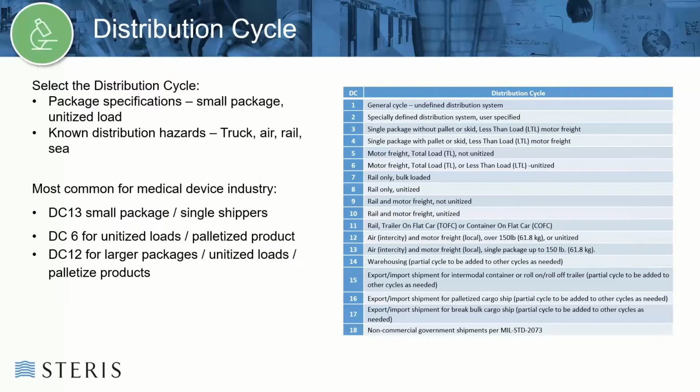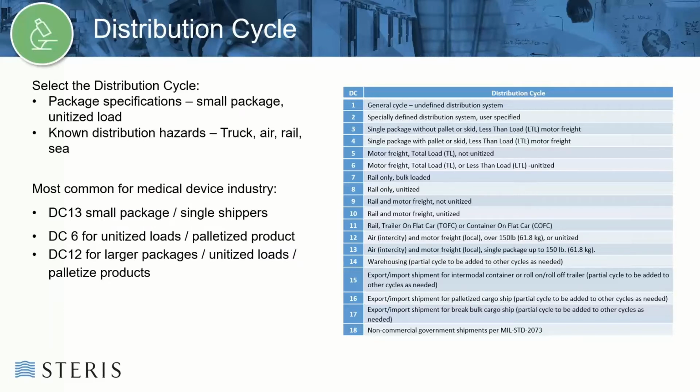So the next step of designing your distribution test is to choose the distribution cycle. So within ASTM D4169, as you can see here, there are 18 different distribution cycles. It's going to depend on what type of package you're testing, whether you're testing an individual box or whether you're testing a full pallet. You're also going to choose this based on what types of shipping your product is going to have.